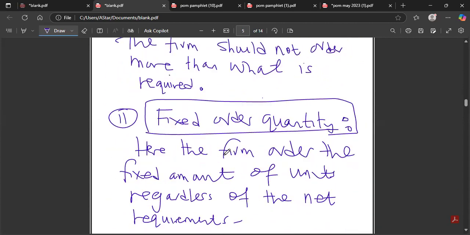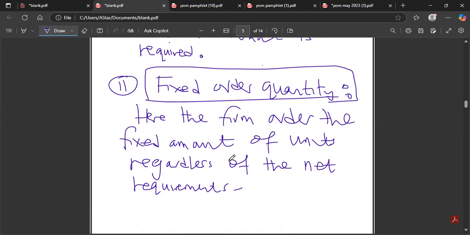Then the fixed ordering policy, the fixed order quantity: you order fixed units regardless of the shortage.